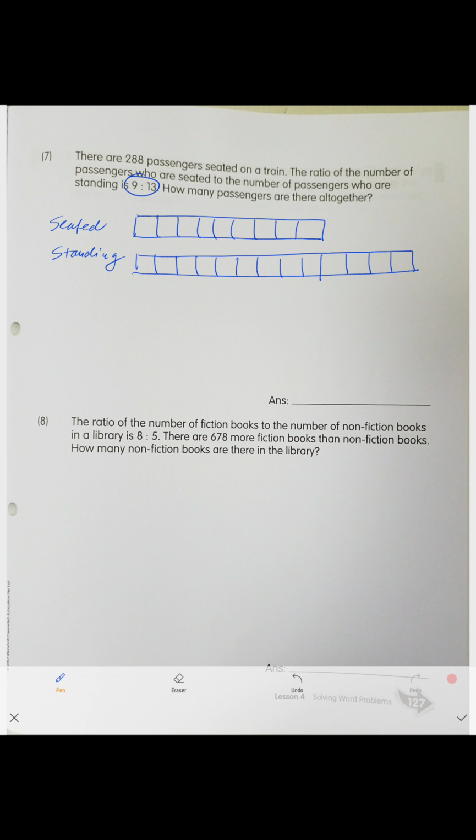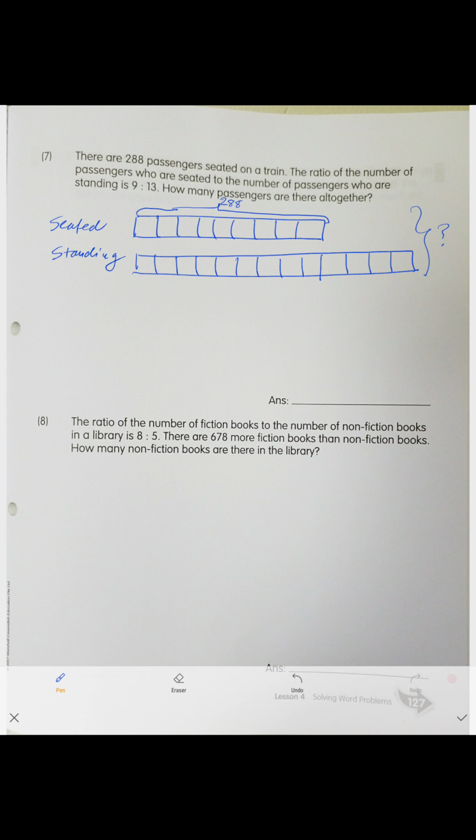So they tell us that seated over here, there are 288 passengers who are seated. And they ask us how many there were altogether. We don't know how many passengers were altogether. That's the last sentence, and the question.